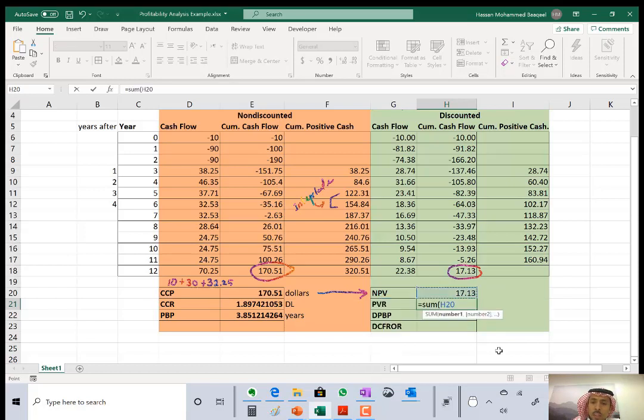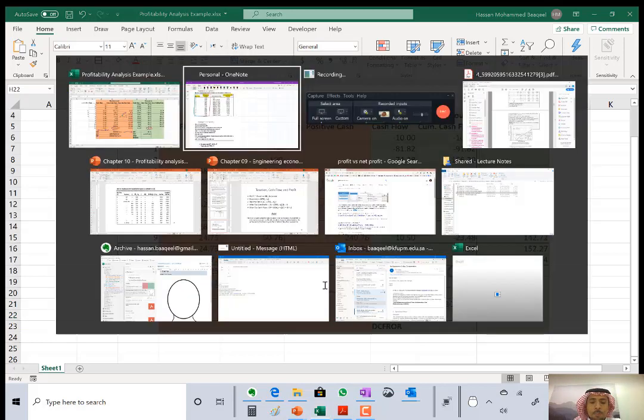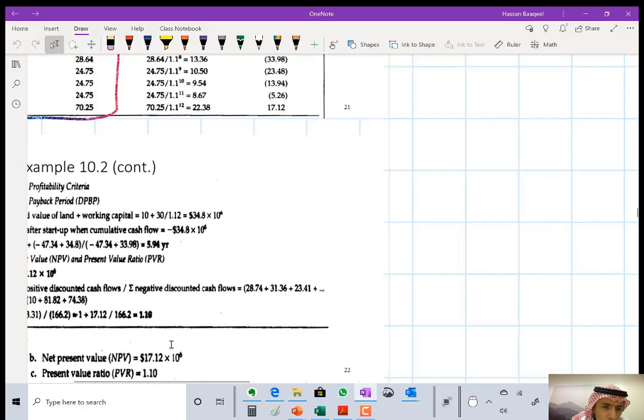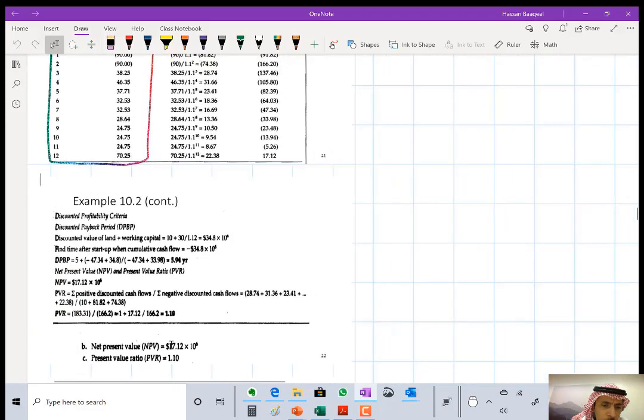You sum all positive cash flows and divide by the absolute value of the sum of the negative cash flows, and the number is 1.1. Let's double check our answer. I think it's 1.10. I think it's correct.